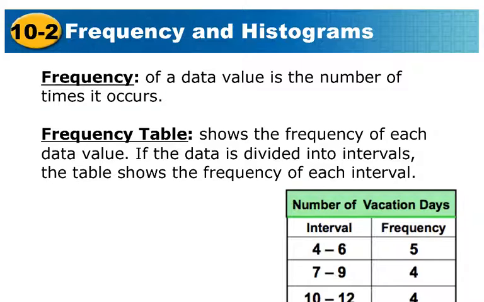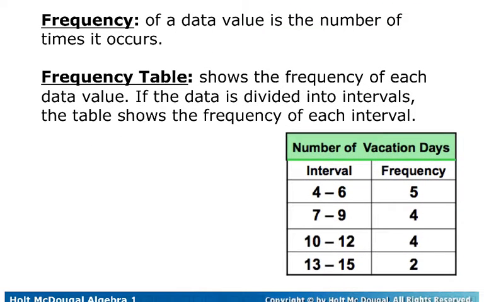All right, so then we have frequency. Frequency just means the number of times that something occurs. So officially it's the frequency of a data value is the number of times it occurs or happens. And a frequency table, of course, takes those frequencies and puts them together. So it shows the frequency of each data value, and if the data is divided into intervals, the table shows those intervals as well.